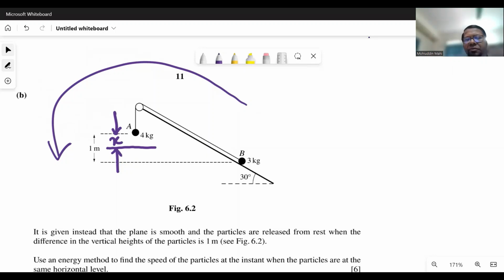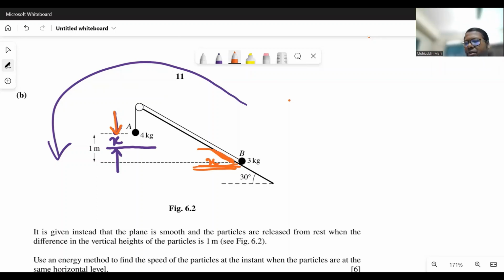When A is moving vertically downward, B will move along the plane by the same distance, X. Now be very careful: when A descends X amount of distance and B moves X amount of distance along the plane, that doesn't mean they're going to be on the same level.